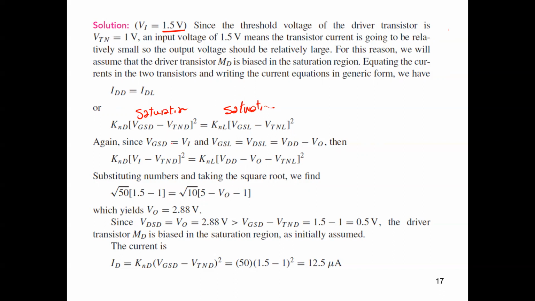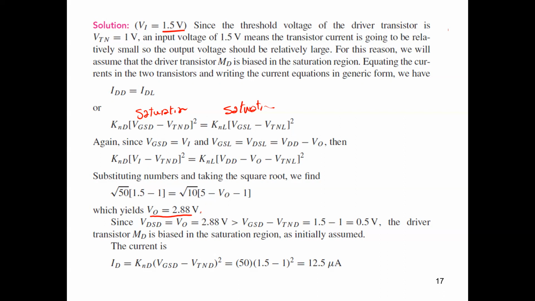VI equals VGSD, and VGSL equals VDSL equals VDD minus V out. Substituting in this relation, we end up with our value of V out. We got that V out here is 2.88. So 2.88 compared to 0.34 can be considered active high now.